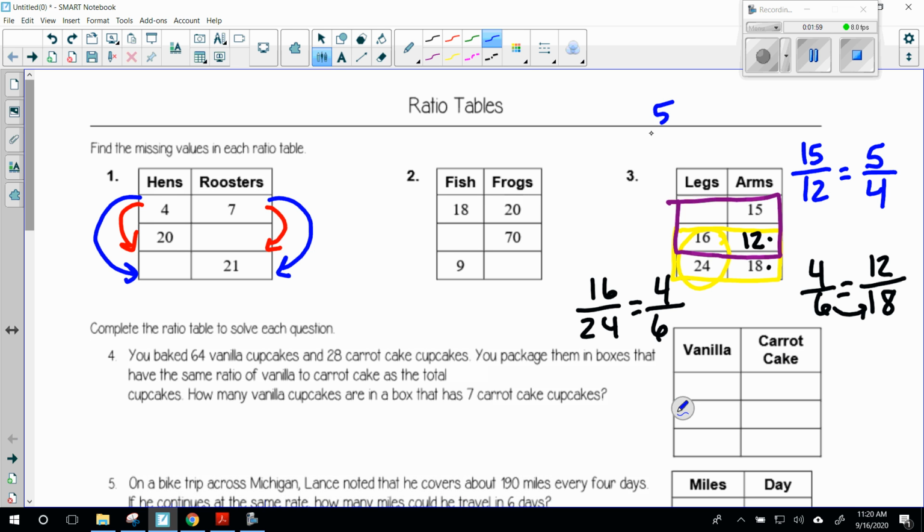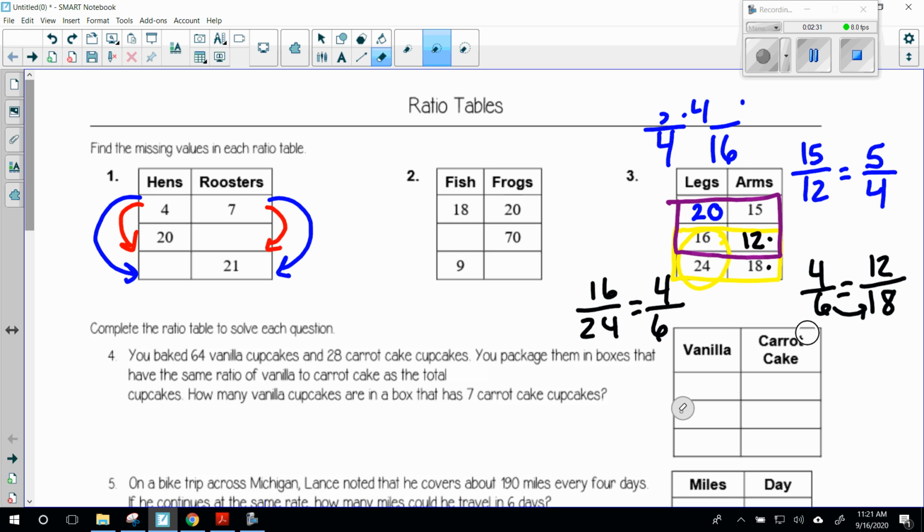So I'm going to take that 5 to 4 and apply it over here where I have that 16 on the bottom and try to figure out what goes up top. So to get from 4 to 16, I'm multiplying by 4. So I'm going to multiply by 4 here. So I end up with 20. So that ratio table is complete. 20 to 15, 16 to 12, 24 to 18. All right.